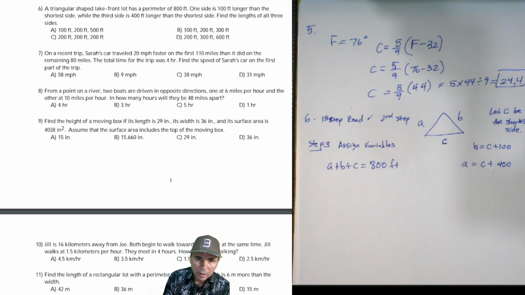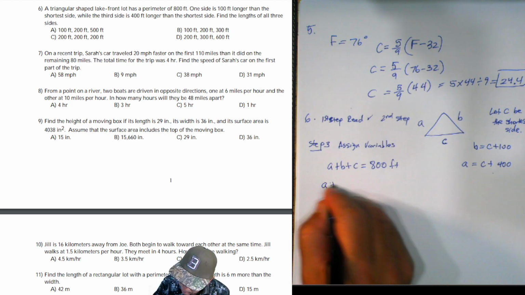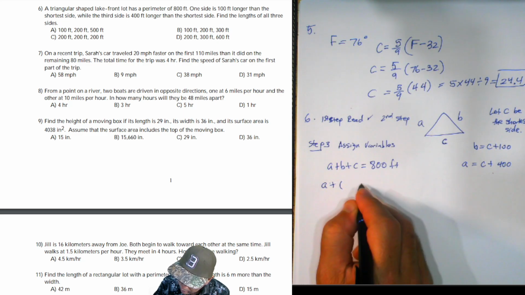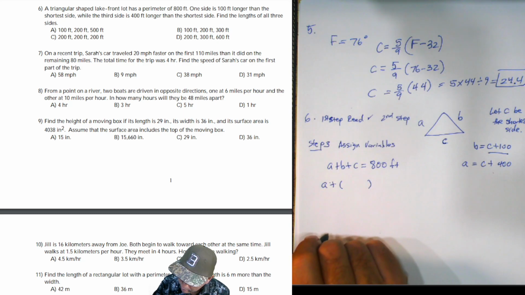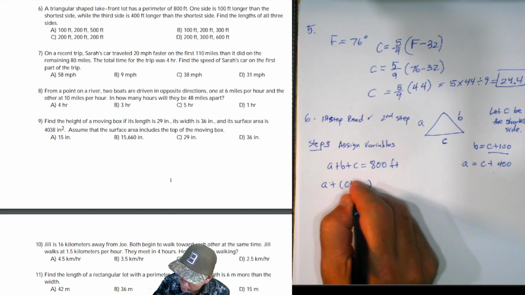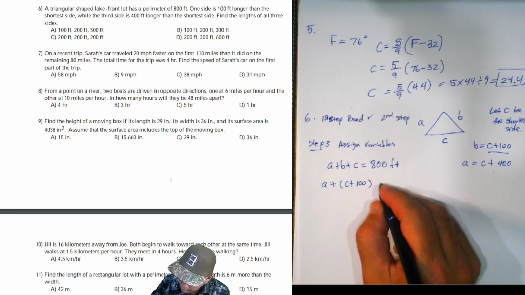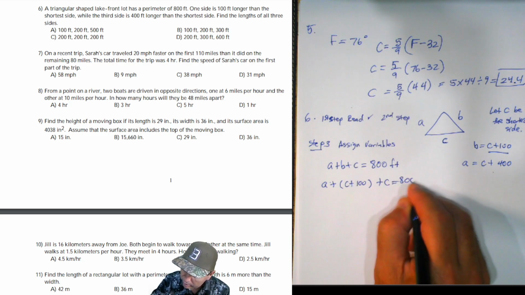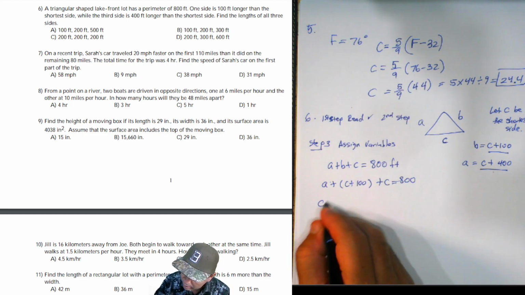Okay? And so now your job is simple. We can leave that A, but instead of putting a B, we're going to put whatever we see over here. So we're going to put a C plus 100. And whatever A is over here, we're also going to put that instead.